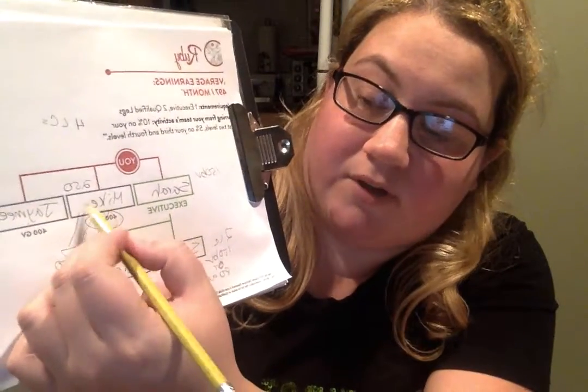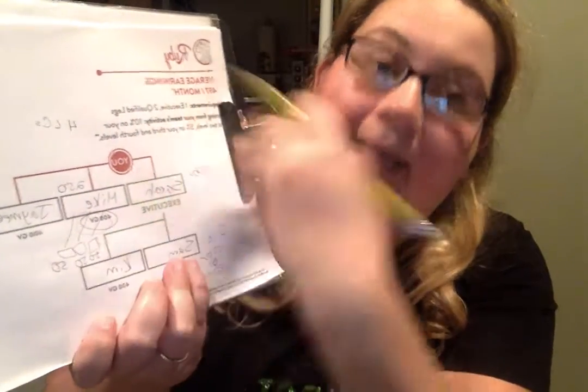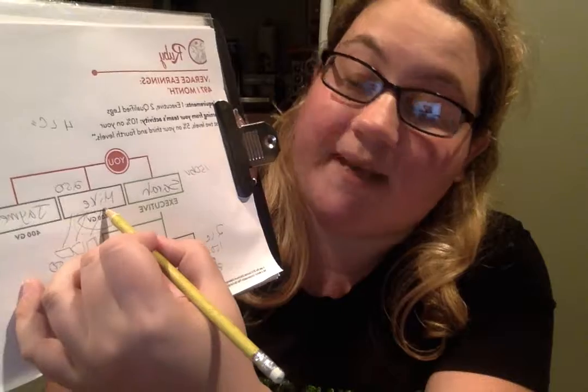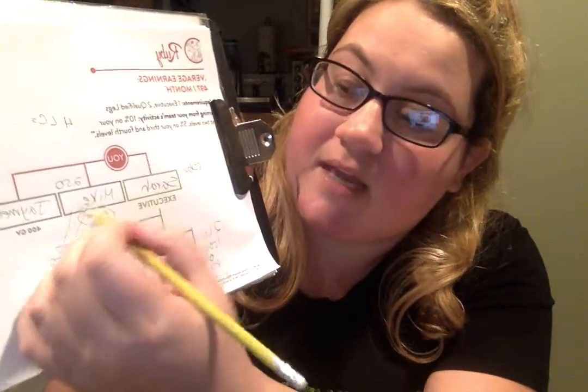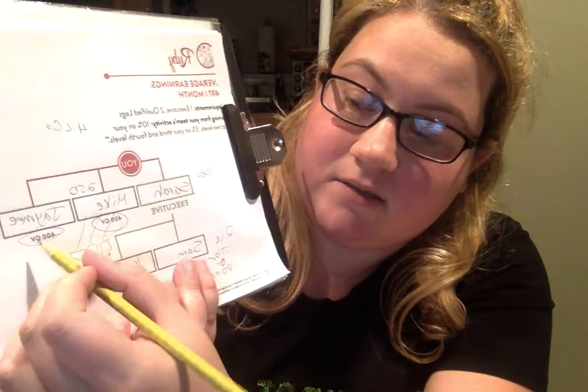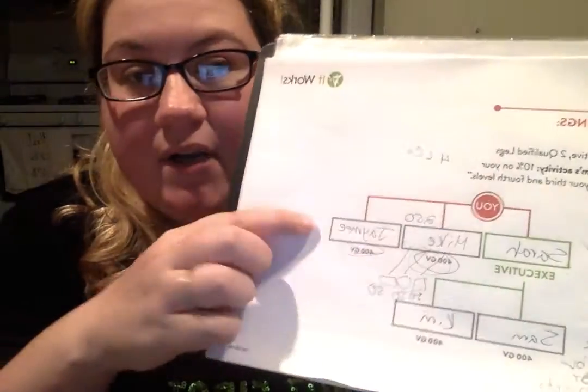So he has 250 plus 50 is 300, plus the 100 of the 50 of each. That's 400 group volume. Okay, so whatever Mike and all of his group makes combined needs to be 400. So if Mike is by himself, his whole volume has to be 400. Same goes with Jamie. If Jamie has people under her, it counts towards the 400 BV.